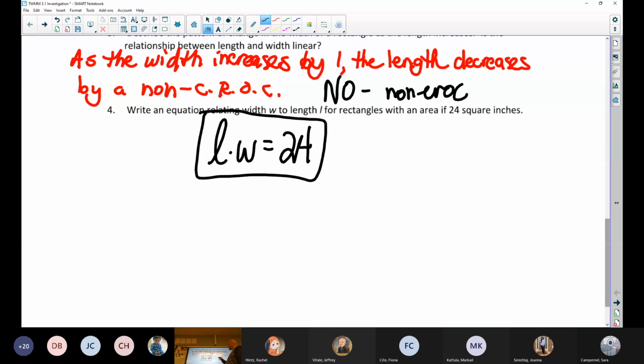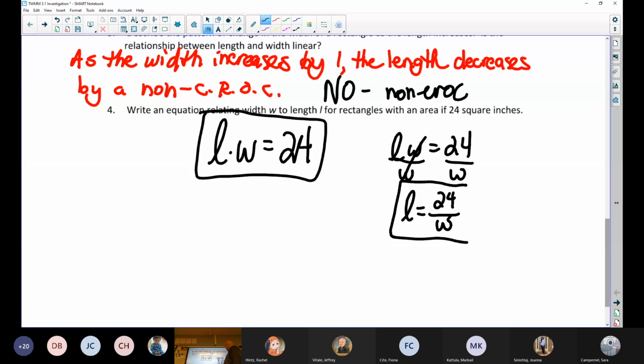When we were trying to solve for the length, to do that, if we divide both sides by W, wasn't this what we were doing to find the length? So again, you can get the same answers as this equation, because isn't division the opposite of multiplication?